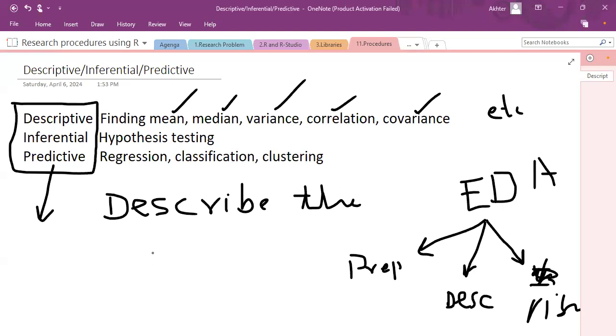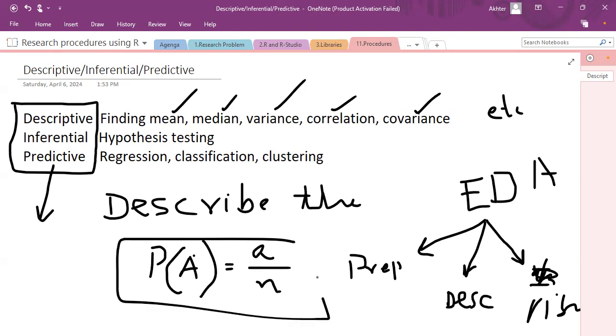But if you are computing the probability by a simple formula, the probability of A is how many elements related to A out of the n observations, that is simply finding the probabilities from the given data, and it is descriptive. But predicting the chance that a customer will churn next month and not buy our product is a predictive procedure, not a descriptive procedure.